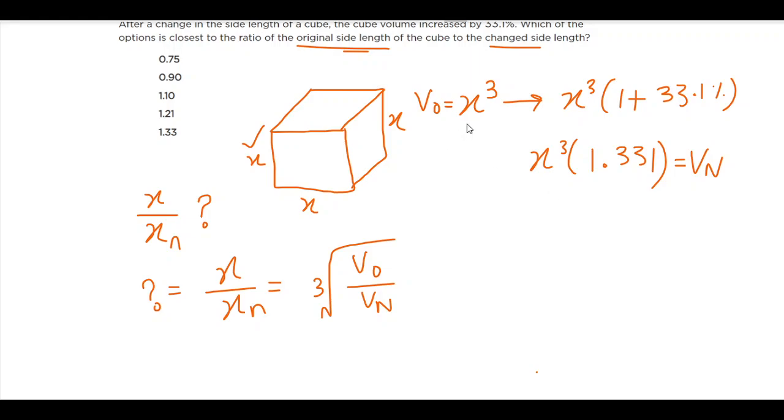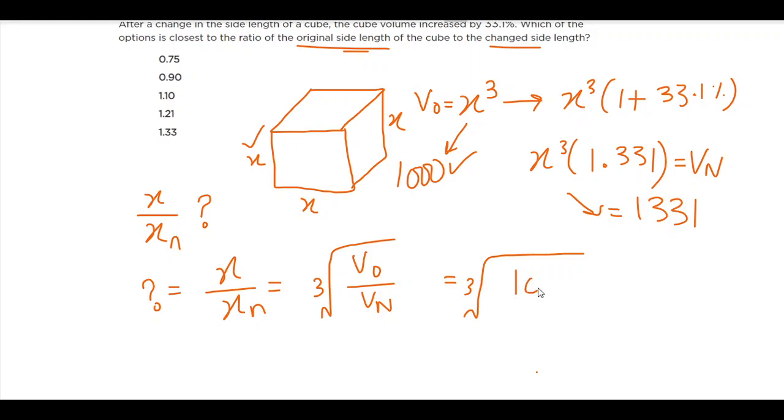So if I say the original volume is, let's say, 1000, then the new volume is going to be 1331, right? So I've just removed these crazy fractions. All I need to do is take the cube root of 1000 and 1331.